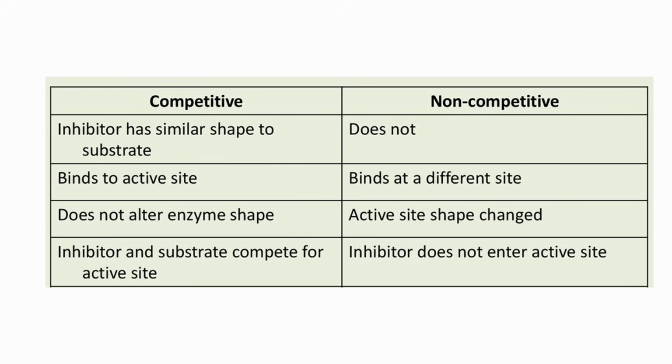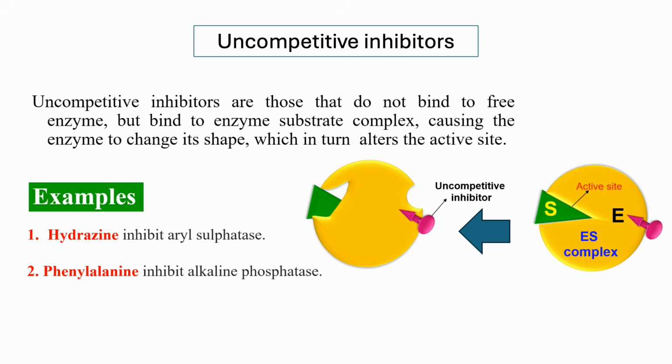As I told earlier, competitive inhibitors bind in the active site and non-competitive inhibitors bind in a different site, that means the allosteric site. Let's talk about uncompetitive inhibitors. Uncompetitive inhibitors do not bind to the free enzyme but they bind to the enzyme-substrate complex.